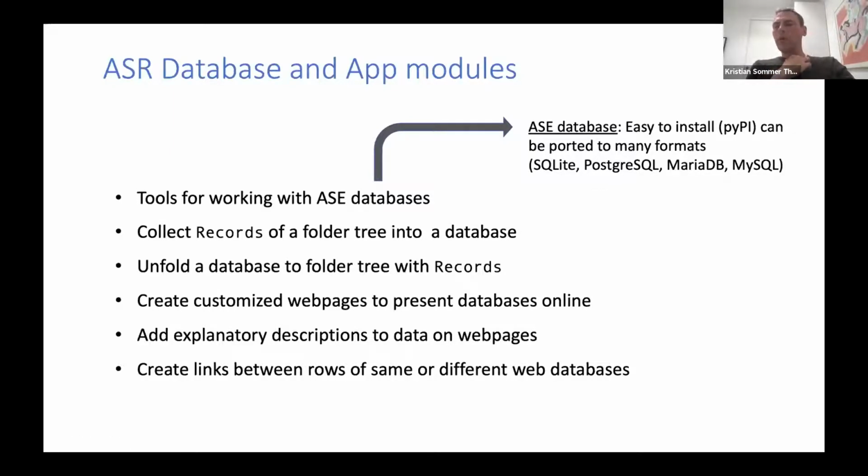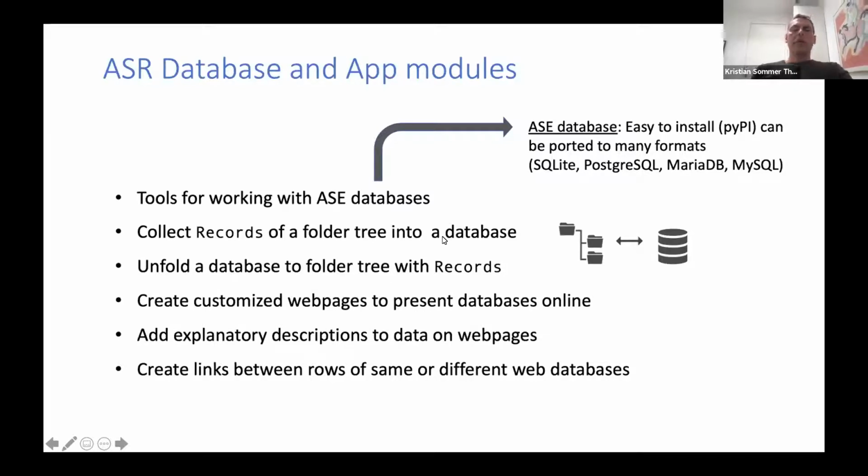You can install it very easily using this PyPI command, and you can port the ASE database to many different formats. So there are backends here: SQLite, Postgres, MariaDB, MySQL, and I think there are even more. So once you have an ASE database, you can port it to any of these formats here.